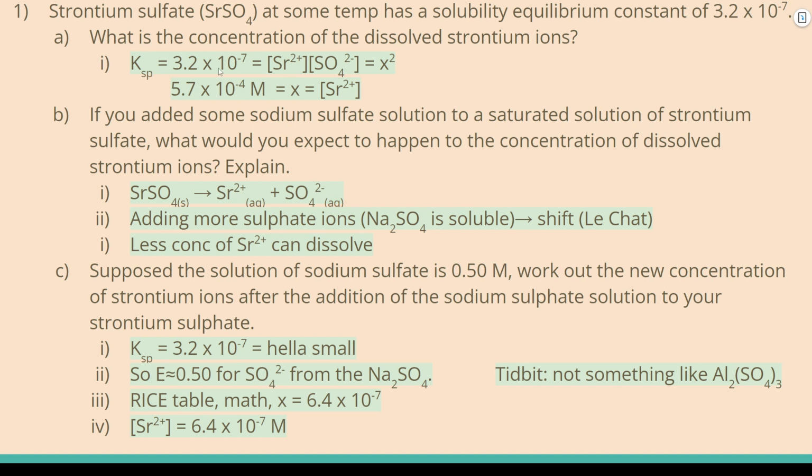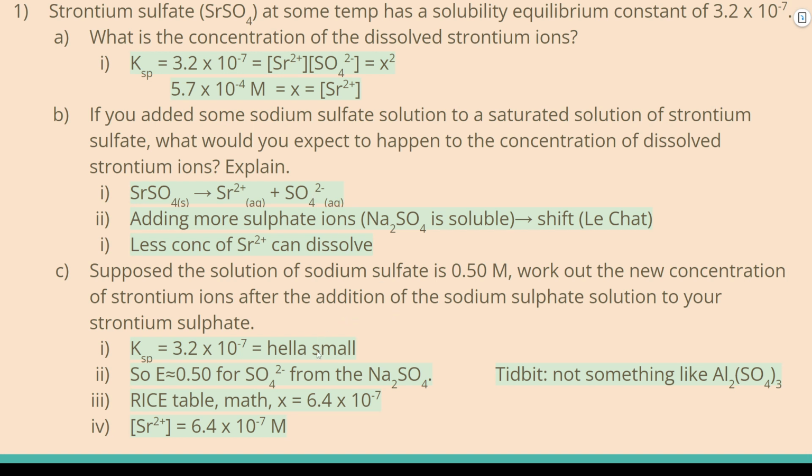I have my Ksp. I didn't show my ICE table because I got lazy, but you can show your ICE table, and then you solve for x, you get your concentration of strontium. And then for this one, we added sodium sulfate, so that means we added more sulfate ions. Because we added more sulfate ions, you're going to have less of the strontium dissolve because you have the common ion effect happening.